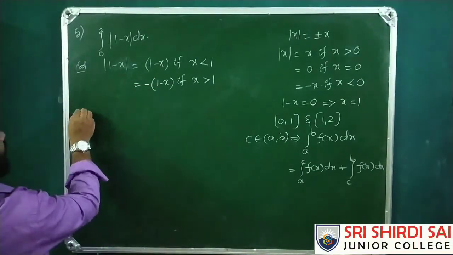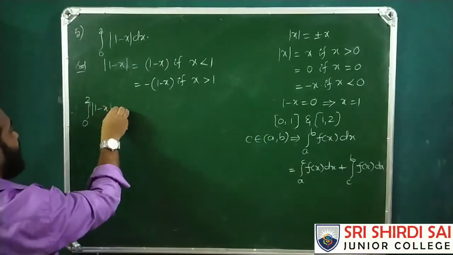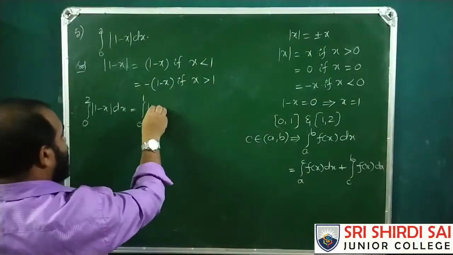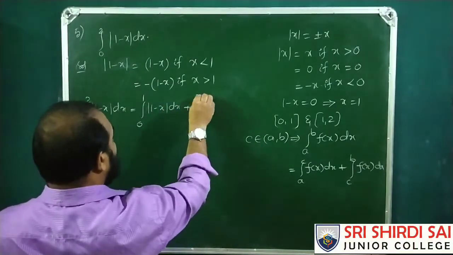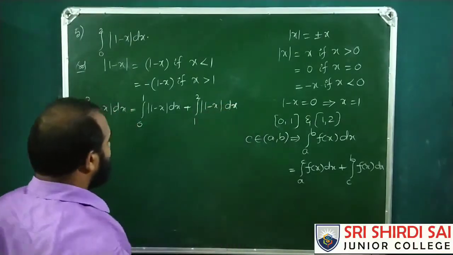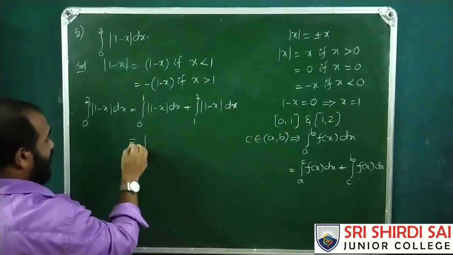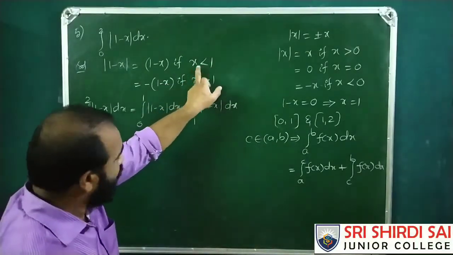Therefore, integral 0 to 2 modulus of 1 minus x dx equals integral 0 to 1 modulus of 1 minus x dx plus integral 1 to 2 modulus of 1 minus x dx. 0 to 1 means less than 1, right?